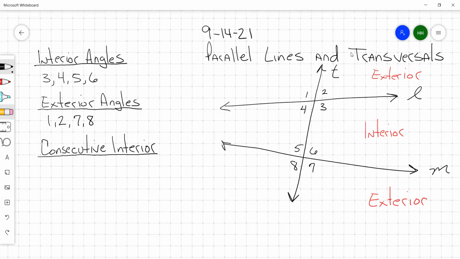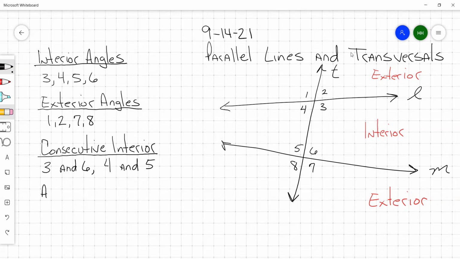So a pair of consecutive interior angles here would be 3 and 6. And the other pair of consecutive interiors would be 4 and 5. Consecutive interiors are on the same side of the transversal.